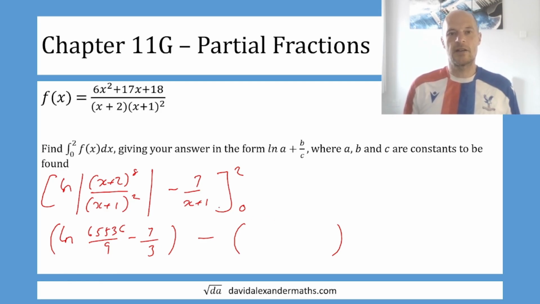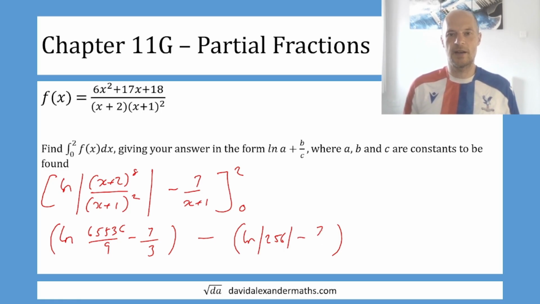And now let's put 0 through this. That's going to be the ln of 2 to the power of 8, which is 256. And the denominator will be 0 plus 1, which is 1 squared, which is 1. So that's just ln 256. Take away 7 over 1, so take away 7.